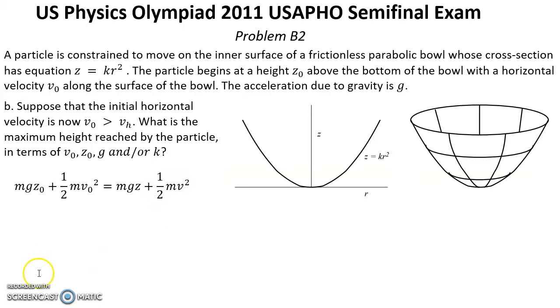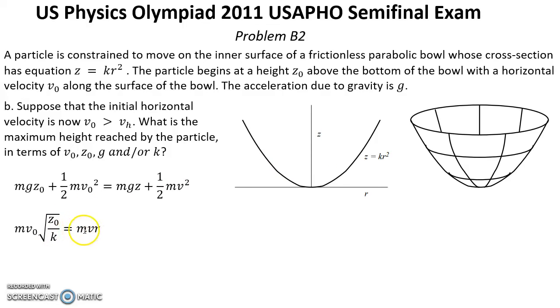On the other hand, we have angular momentum conservation. At the lowest and the highest points, the velocity has only a horizontal part, no vertical part. At the lowest point we have mv0 multiplied by r, which is square root of z0 over k.